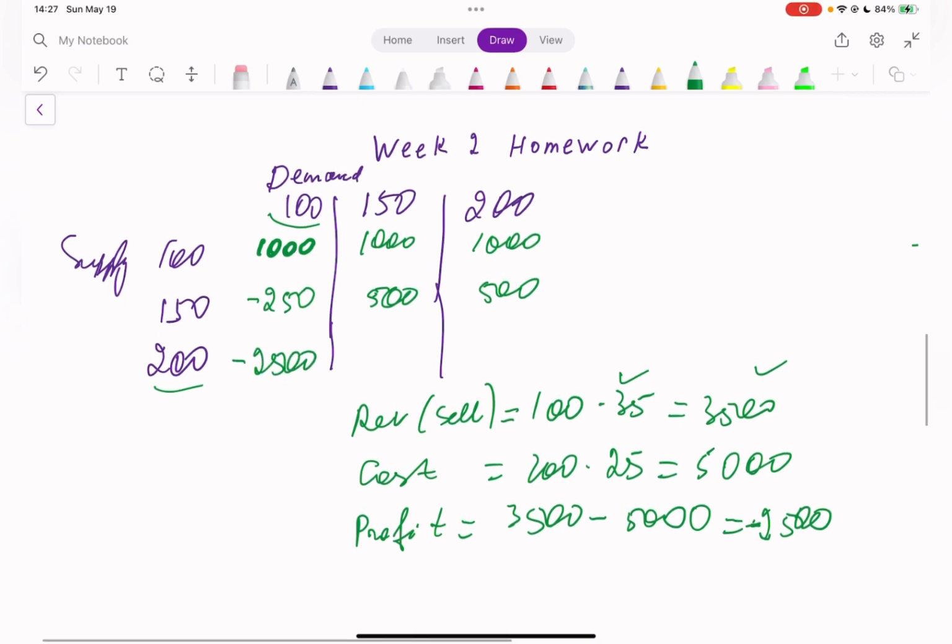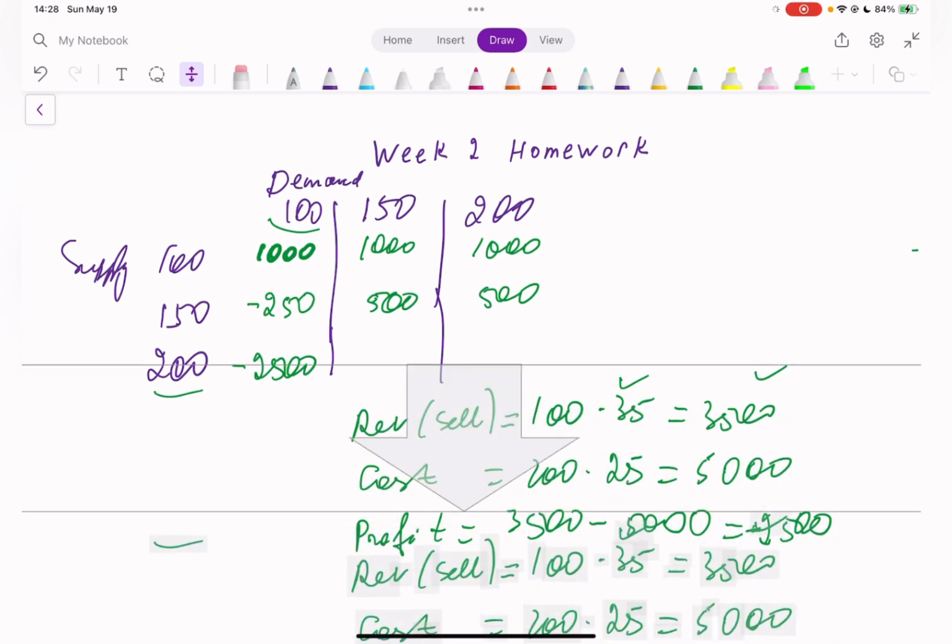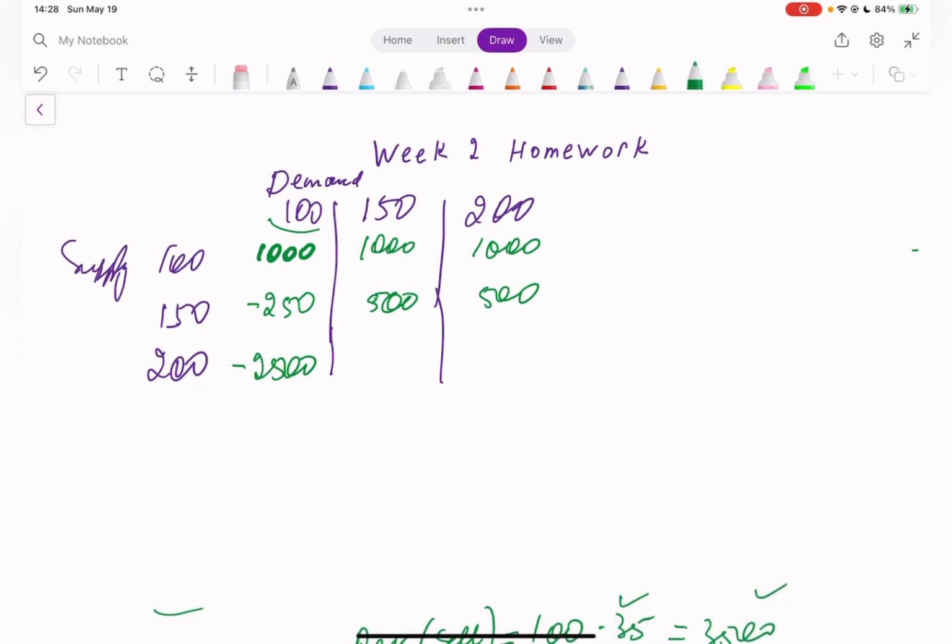Next, we have 200, and I place 100, and demand is 150. It's also going to be a loss, but not that much. Let me see.